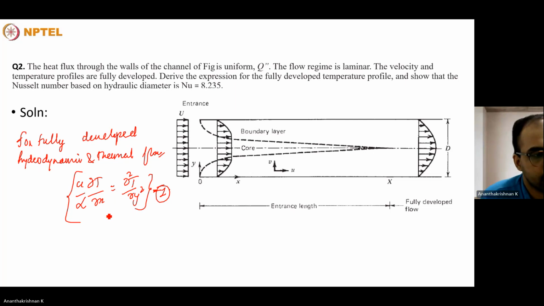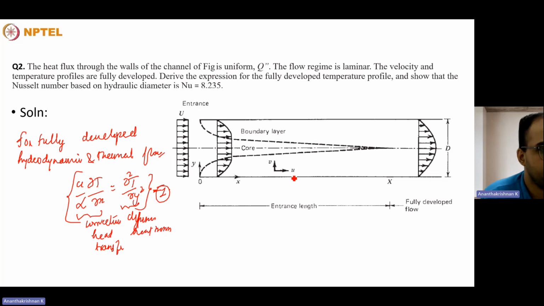This is the convective heat transfer term. This is the diffusive heat transfer term in the y direction. So if you assume this as the x direction, this will be the y direction.